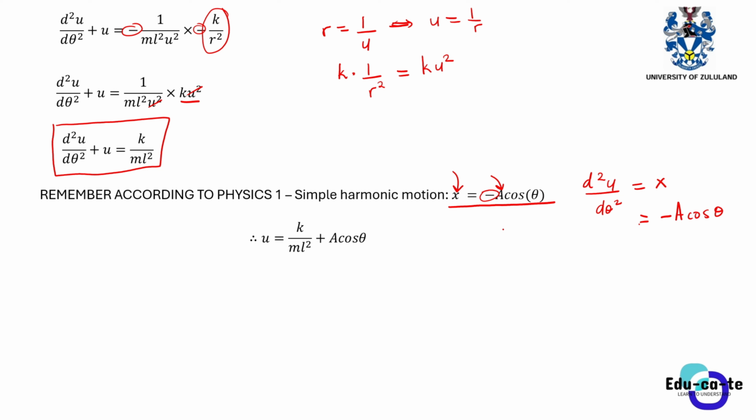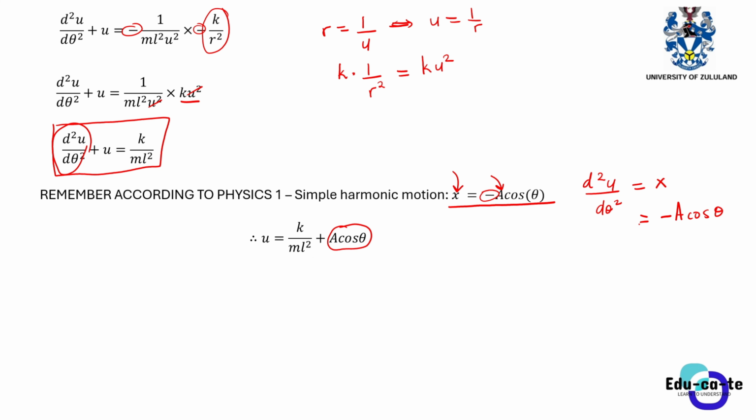So now here we are going to replace d squared u over d theta squared with what? With a cos theta. When you replace it with a cos theta, you get u is equal to k over ml squared plus a cos theta.